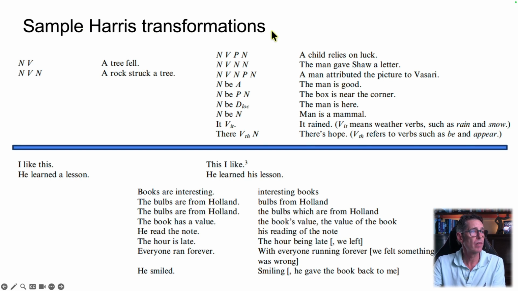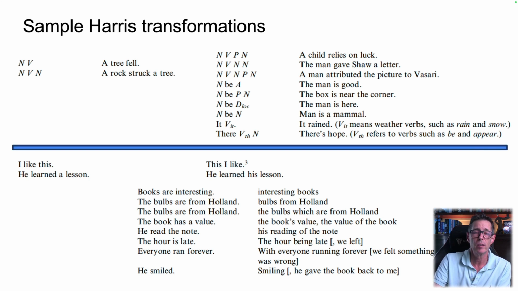Here's the Harris transformations. So you can start with things like a tree fell, so that's a noun followed by a verb. A rock struck a tree, a noun followed by a verb followed by a noun. And these sequences he was very focused on as being a very critical system for transformation. So we've got a bunch of samples here of sequences, but here below we can see the transformations themselves.